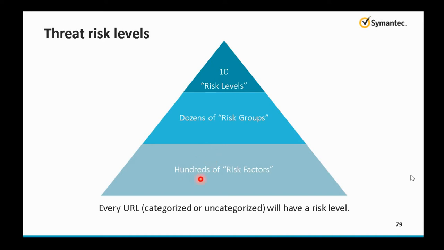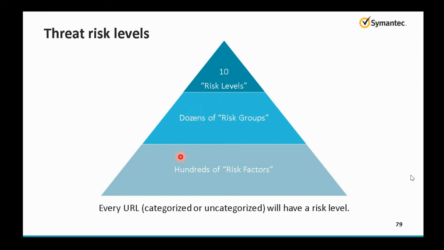Okay? So for example, the level of risk is from 1 to 10. If the website is high risk, for example, some torrent website or free download website, those types of websites are high risk. So the risk level is maybe 8 or 9 or 10, right?